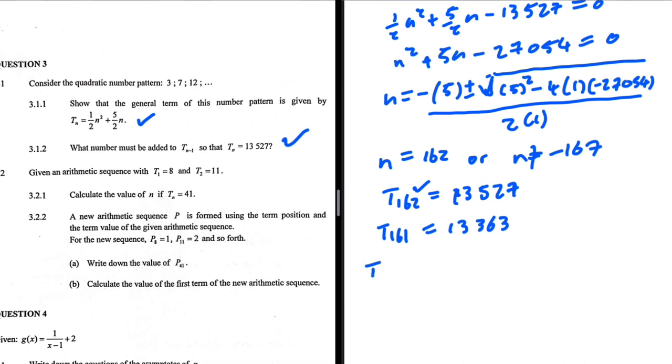So let me say T162 minus T161 and see what I have. 13,527 minus 13,363. Right. So it's 527 minus 363. I'm getting 164. Is this what we are supposed to determine?